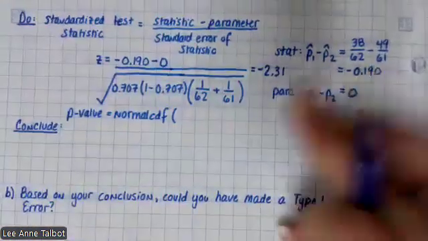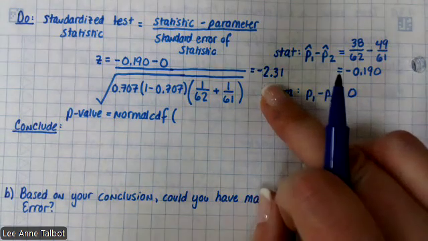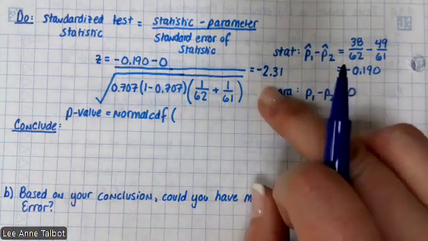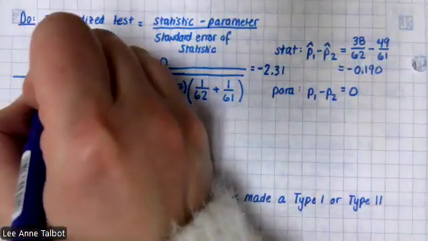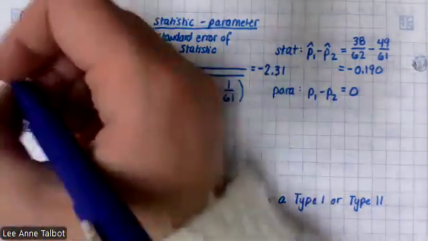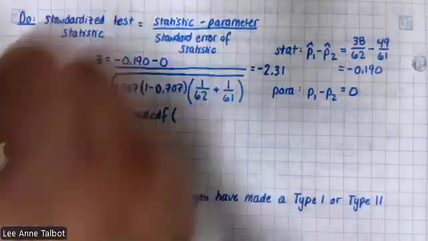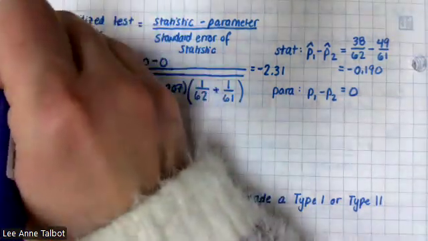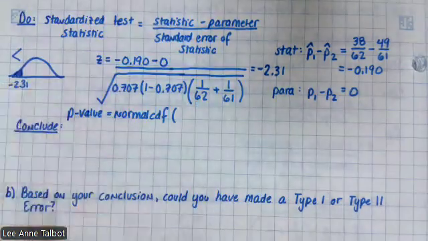Okay. Now, this is where, as I said earlier, you're going to be able to check to make sure that your direction is correct. You see how this is negative? So where does a negative live on the normal curve? Over here, right? Does that make sense? Okay, which means that you're on this side, which implies less than.